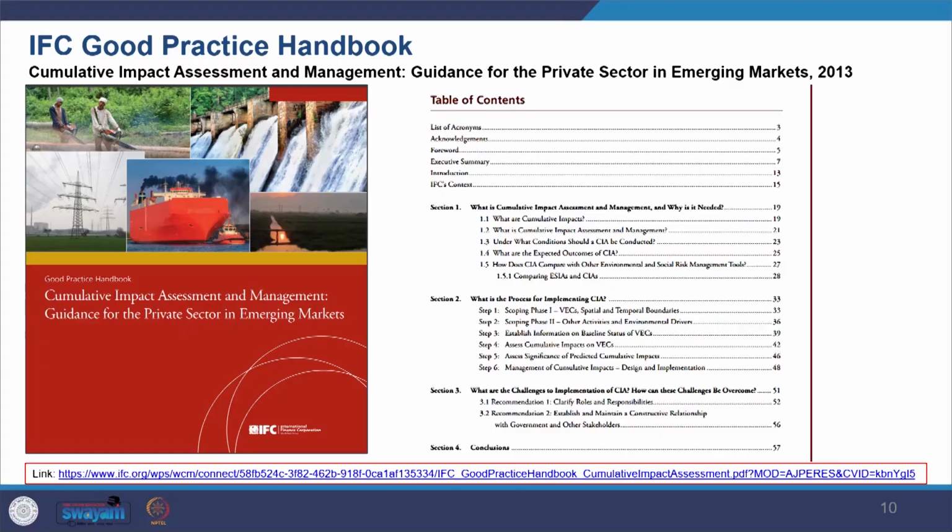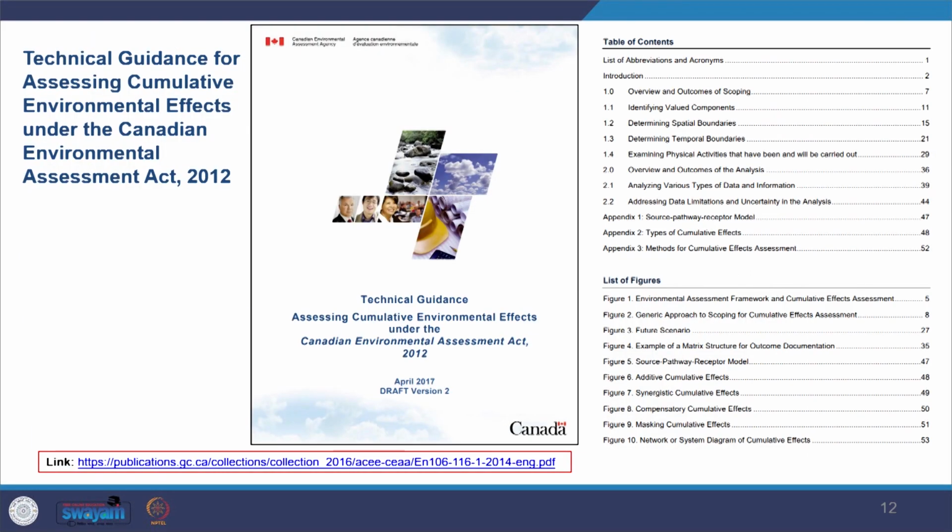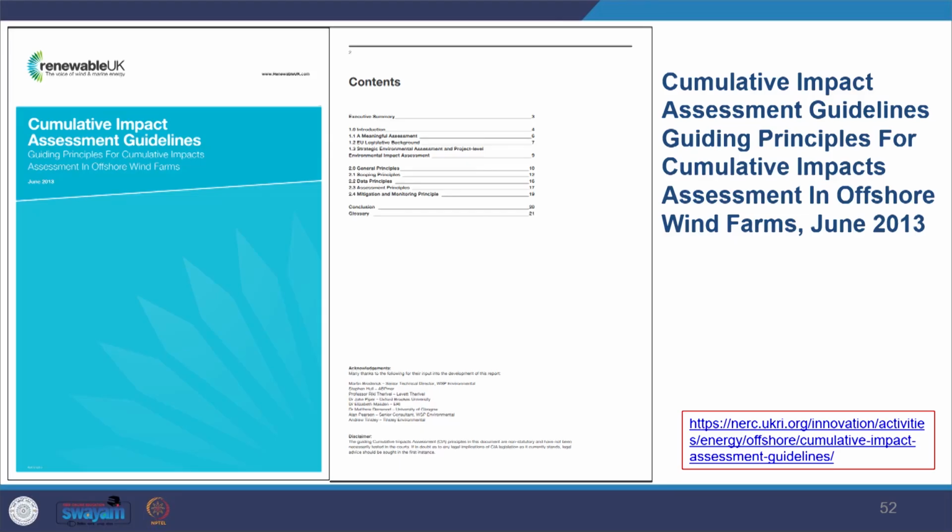Looking at the guidance and standards, there are a lot of guidance and standards available. So you can see IFC has given guidance. Then you can also see here the Cumulative Effects Assessment Practitioners Guide by the Government of Canada. I have also given you the link so that you can browse through this. Then you can also find sectoral guidelines.